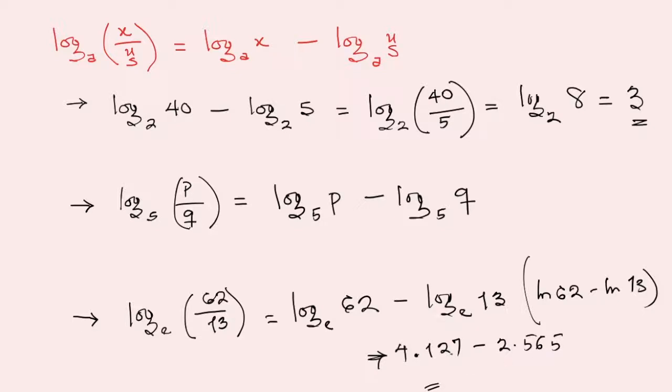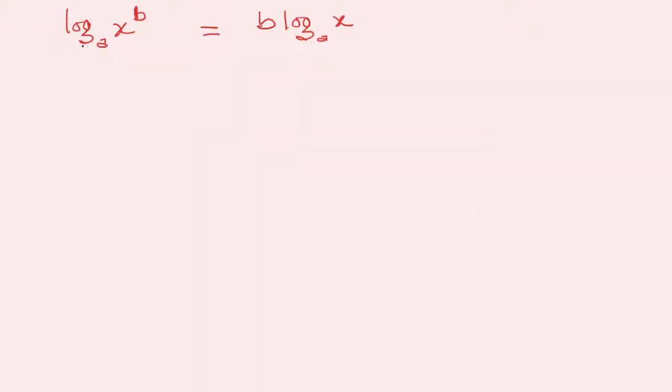And so the final answer for this is 4.127 minus 2.565. This is 1.562. That's it.